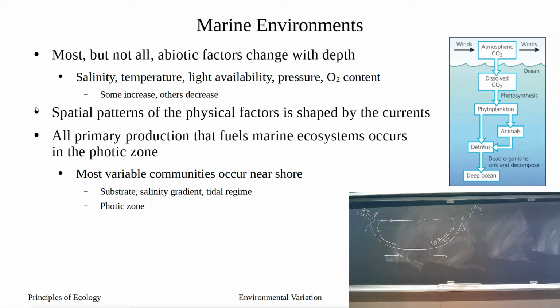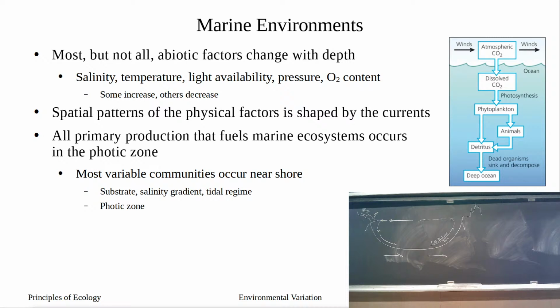The currents can help bring increasing temperatures or colder temperatures or nutrients up to the surface. But regardless of all of these factors, the main driver of all of our production and all of our diversity is going to be primary production. So it's going to be that area of the photic zone where our algae can grow.